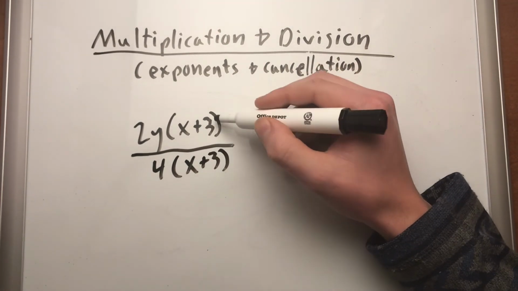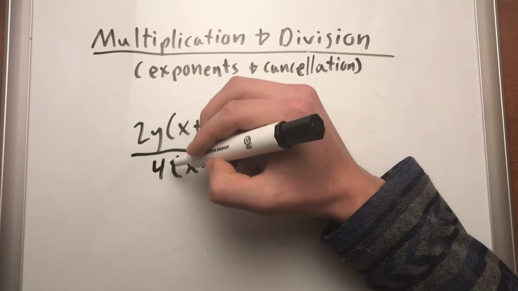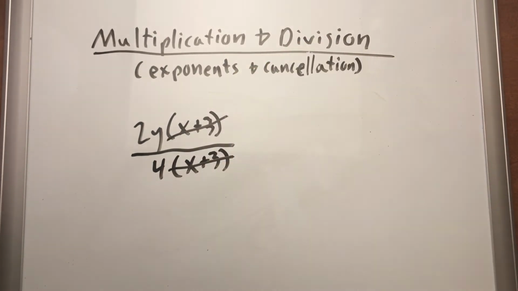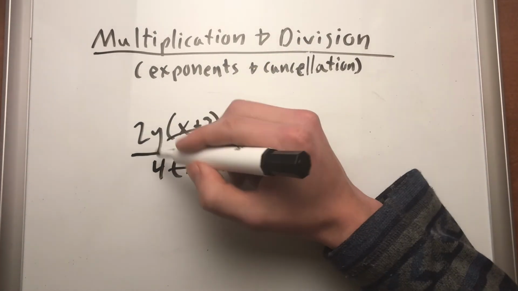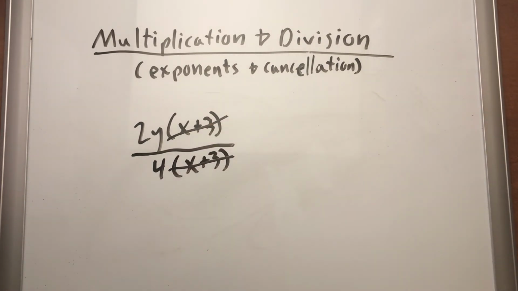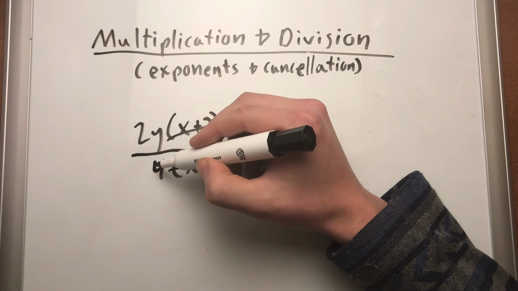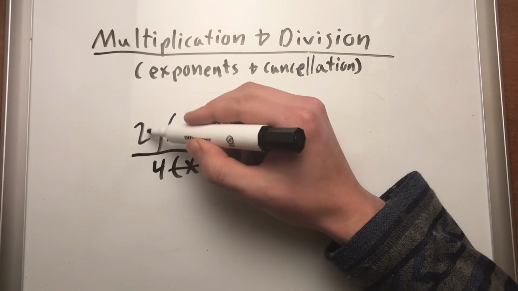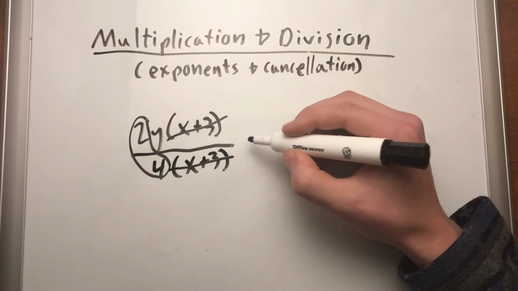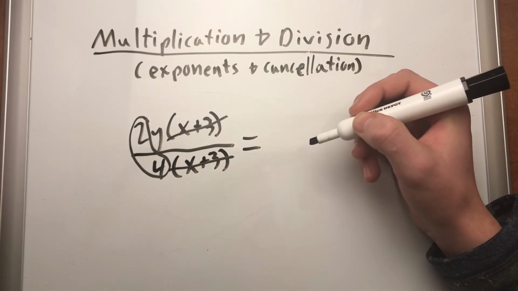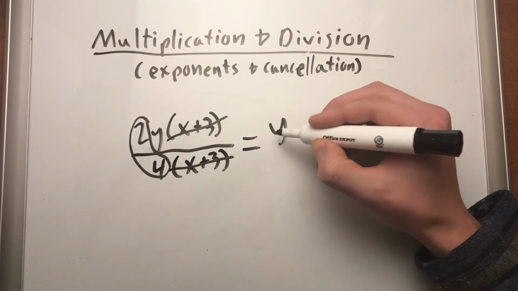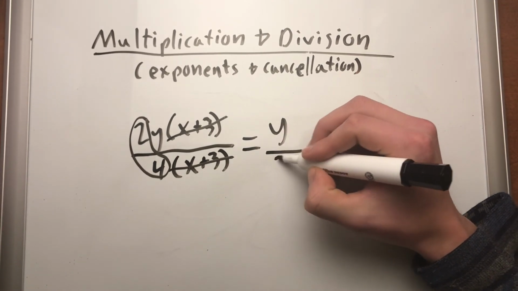That means that these terms are the same, and they can be canceled. Now this 2 and 4 here, if you recall from the previous problem, is very similar to a fraction. 2/4 can be rewritten as 1 over 2. So this expression simplifies to y over 2.